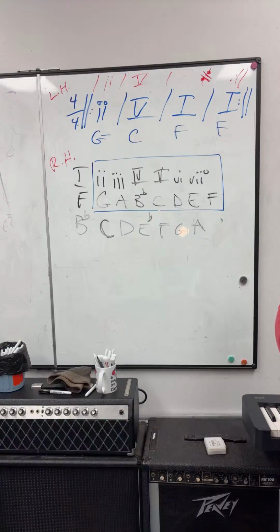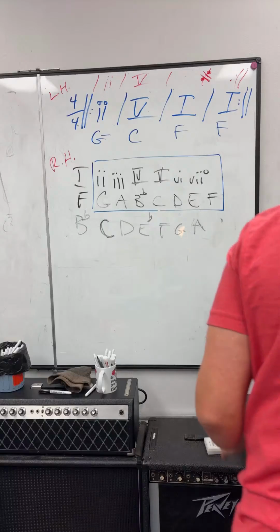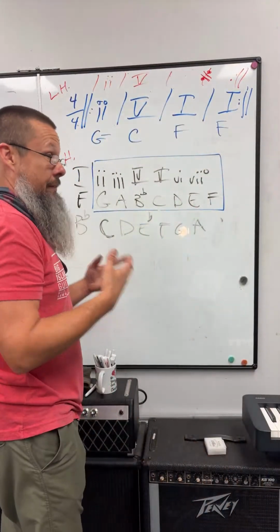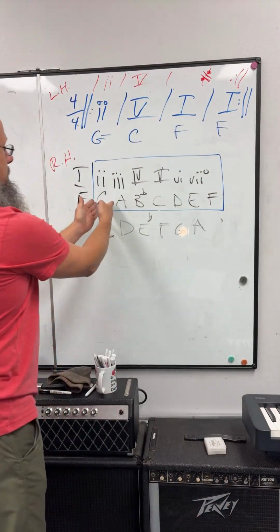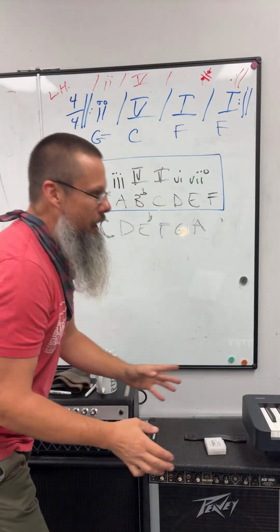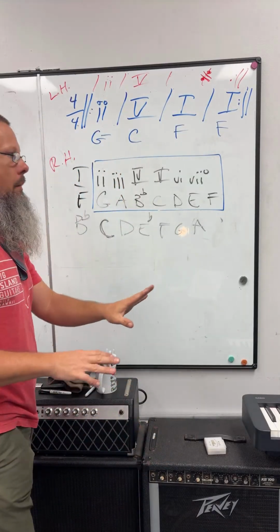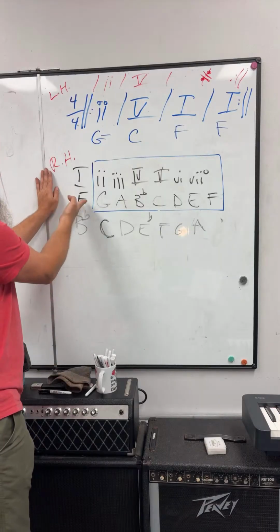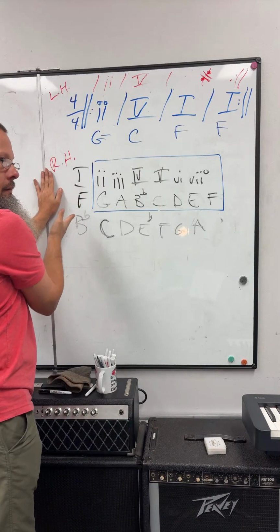If I were to play G Dorian, the notes that I'm using are the notes from G minor, but I'm not using E flat. I'm not thinking about playing a minor scale, I'm simply playing in the key of F.